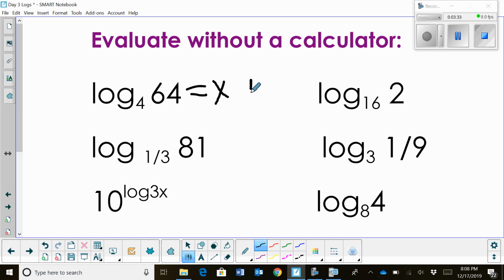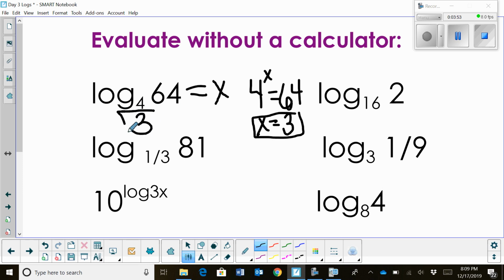So now I rewrite it as 4 to the x power is equal to 64. And 4 to what power is 64? Well, x is 3 because 4 cubed is 64. So I know that log base 4 of 64 is just 3, and that simplifies. So a good way to think of it is 4 to what power gives me 64.